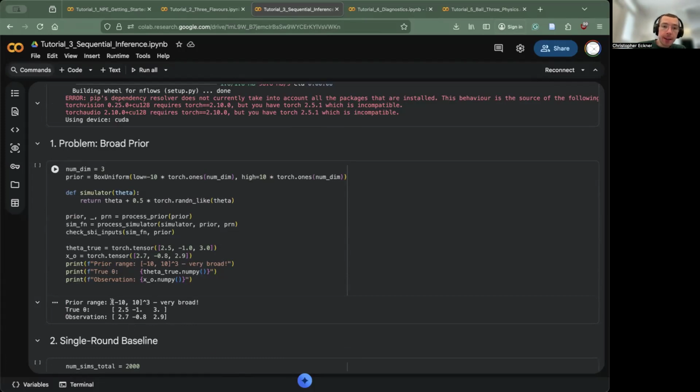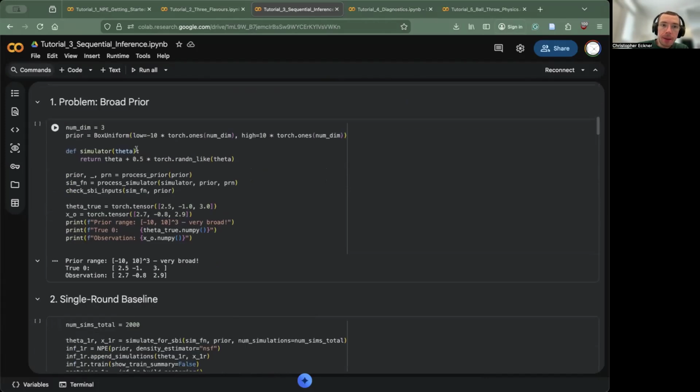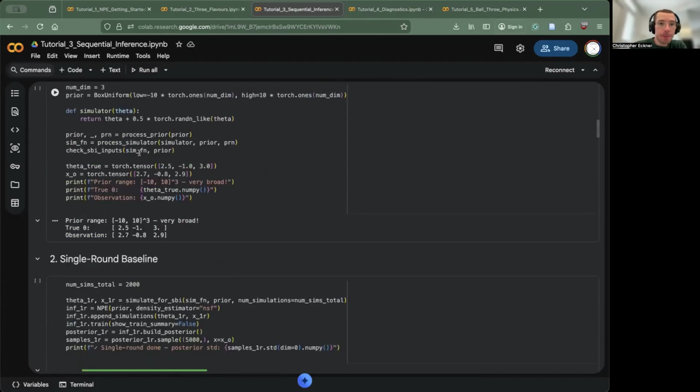And what you do here is, okay, I start with a prior of my cube that is just very wide. So instead of -2 to 2, I now do -10 to 10, which is quite wide given the width of my Gaussian, which is only 0.5. So there's a lot of empty space the whole thing needs to learn.